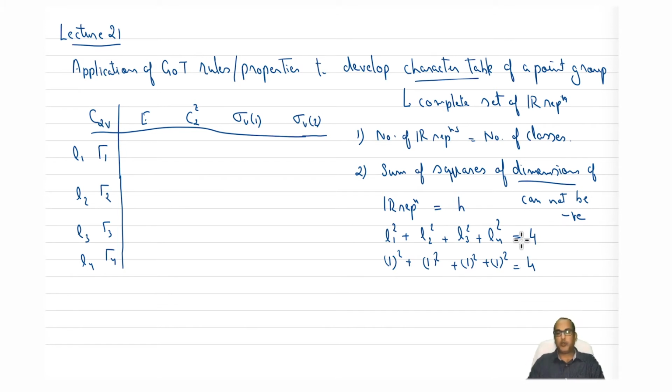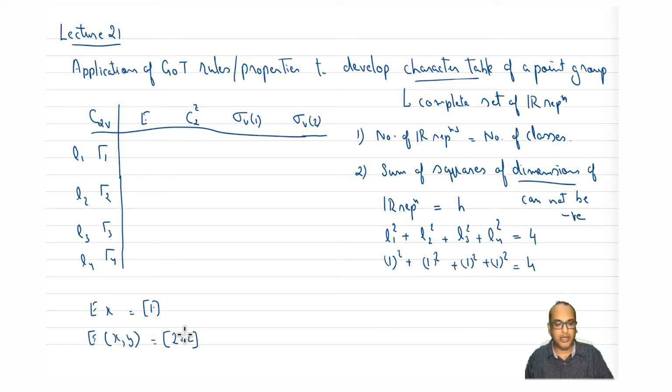And we also know that the character under E represents the dimension. Why do we say that? Let's say we are applying E on a unit vector, then I will get a 1 cross 1 matrix. If I'm doing the E operation on a basis set which has X and Y, I will get a 2 cross 2 matrix. So if I'm getting a 1 cross 1 matrix, the dimension is 1.